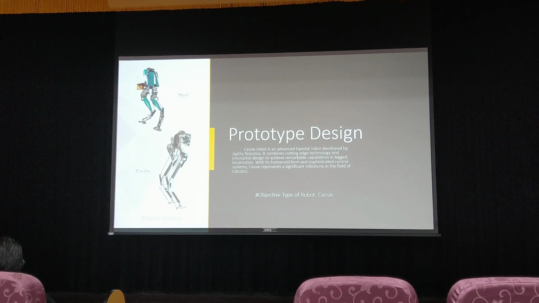I will show you on the next page. The advantage of Cassie is that its second version is Digit, and it is the only robot used in a factory before last year, because last year was a big breakthrough point for robotics.